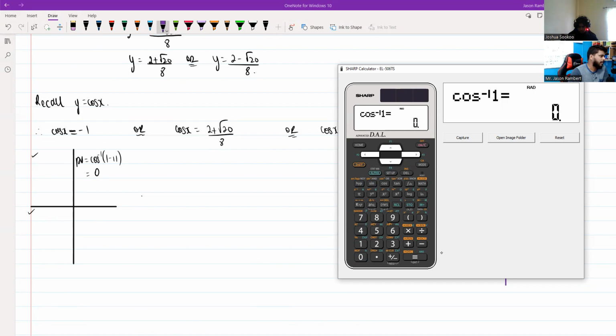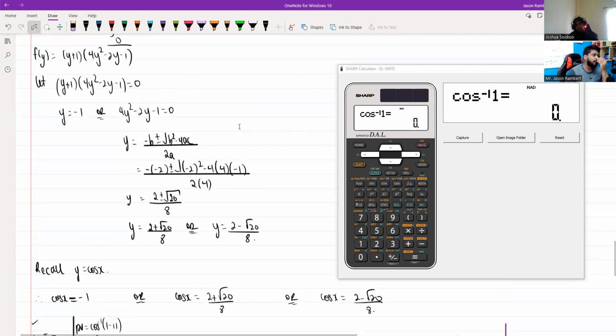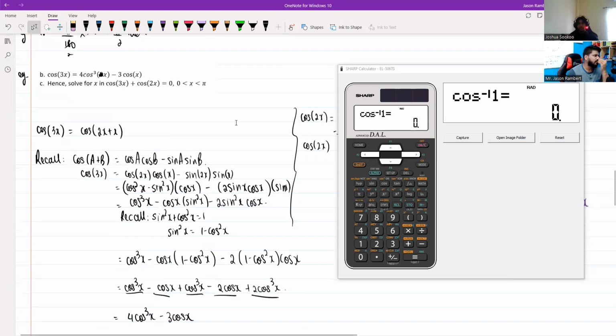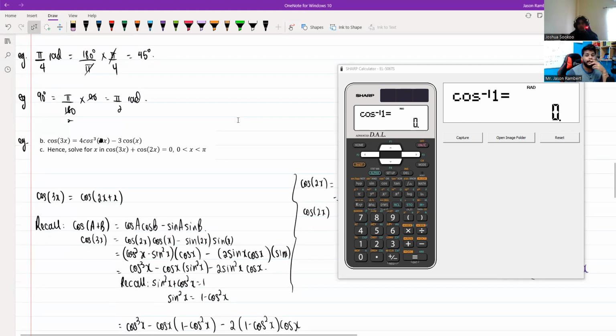And this is pi. We're solving for x. So x is equal to pi minus 0, which is pi, and x is equal to pi plus 0, which is pi radians. Now, look at the domain. The domain does not include pi as a solution.